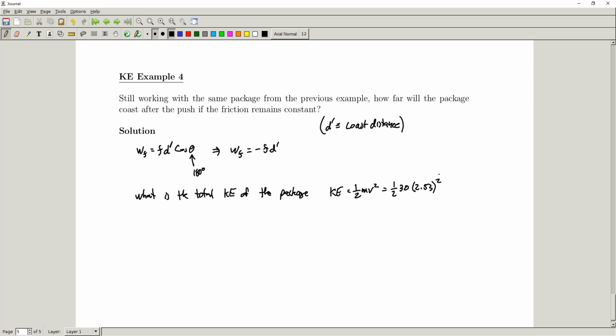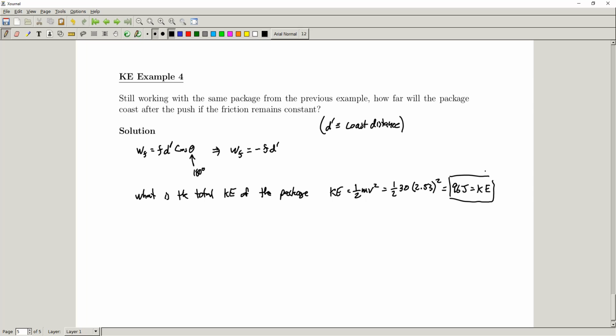If we do this calculation, we're going to find that the total kinetic energy at the moment we stop pushing this thing is going to be 96 joules, and this is not a surprise because that's what we found. The energy that we applied to it, the work done on it, I should say, in our first example, or I believe it was our second example here.